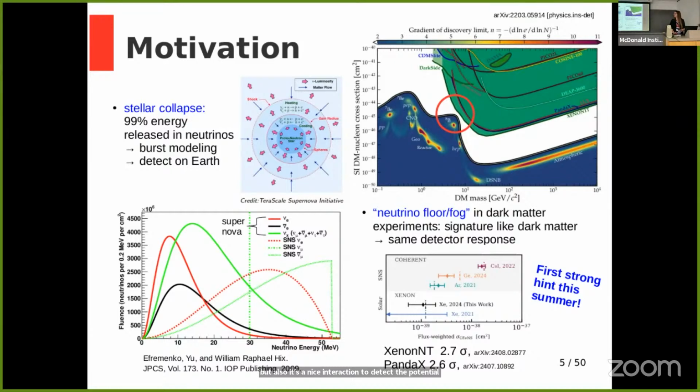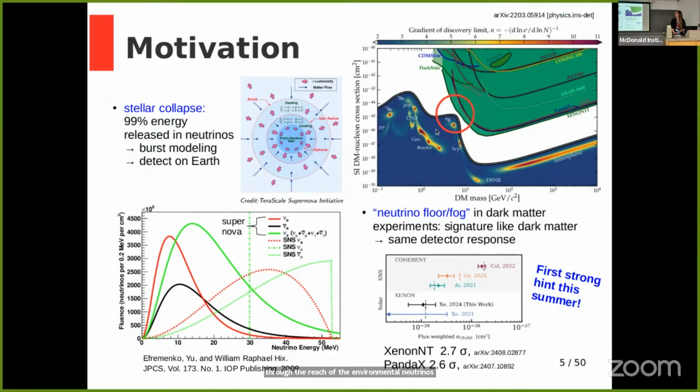Then there are also other detectors that are capable to see CEvNS, and these are all the dark matter detectors. The dark matter detectors, they are looking for the recoil of dark matter particles, which is the same signature as for the neutrinos, which means the more sensitive they get, as you can see here, the more they will get to the reach of the environmental neutrinos, the so-called neutrino floor, neutrino fog.